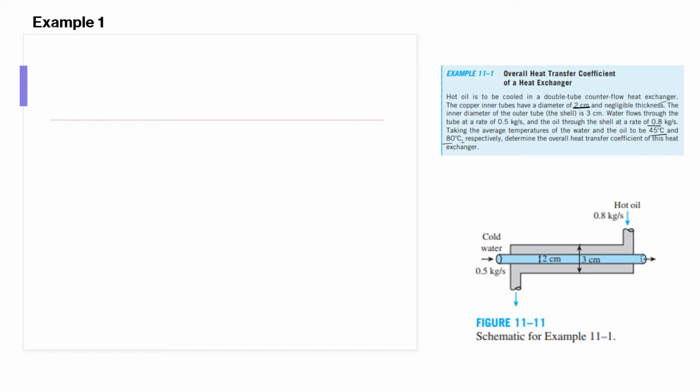First thing first, we need the properties for each of the materials, which is water and also hot oil. So, properties of water. Water is at 45 degrees Celsius.